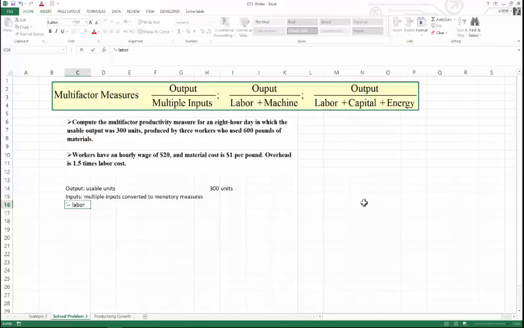labor. In terms of the labor, the information given to us is the number of workers, which is 3 workers. Then for each worker, what is the working time? The working hours per worker is 8 hours per worker.